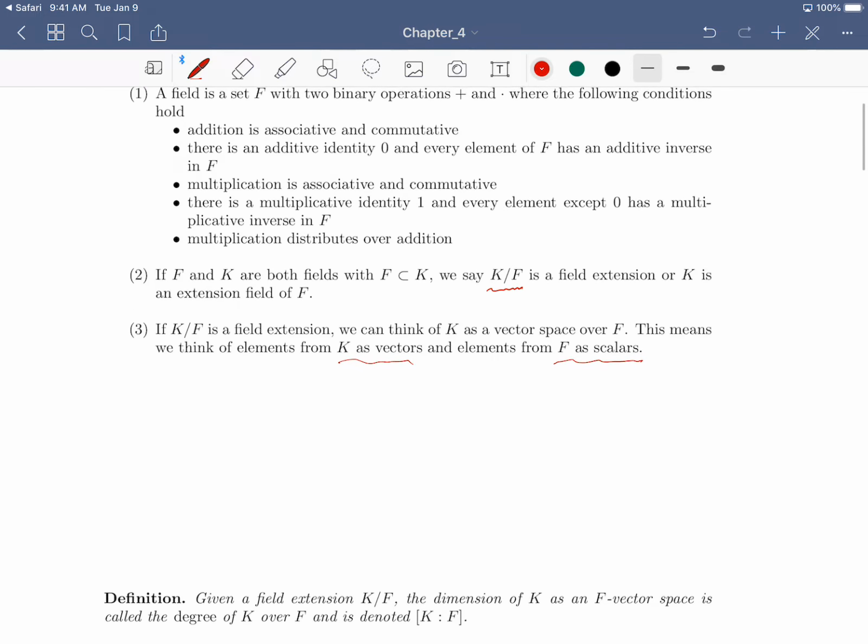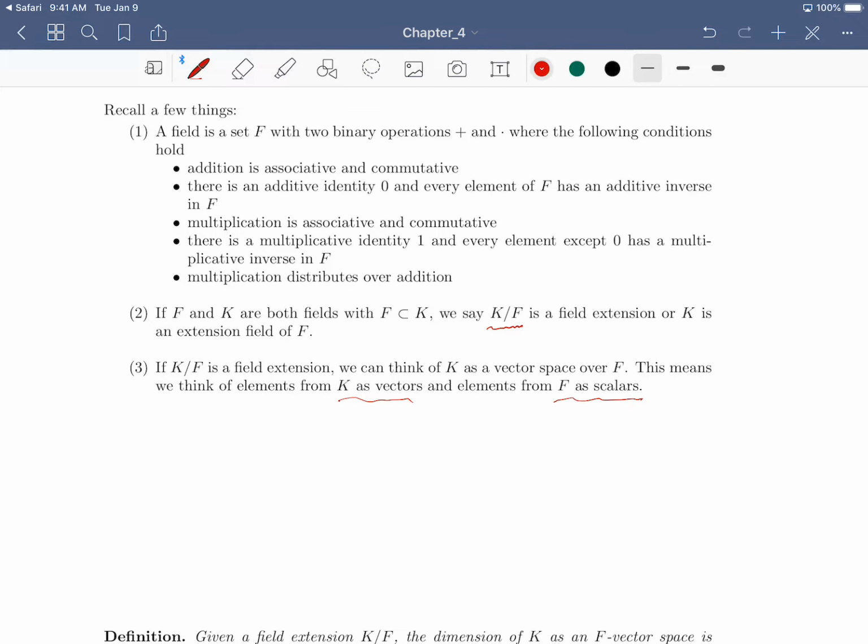So just as a quick example of this, R is a field, and it's a field extension of Q, which is another field, right?